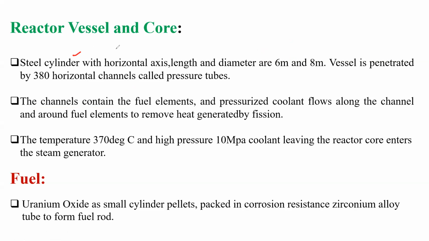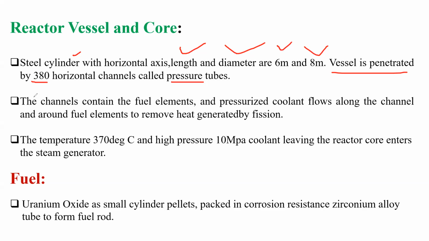This steel cylinder is cylindrical in shape, its length and diameter is 6 meter to 8 meter. The vessel is penetrated by 380 horizontal channels called pressure tubes. According to the size of the reactor, whether your plant is 12 megawatt or 500 megawatt, according to that we design the pressure tubes.